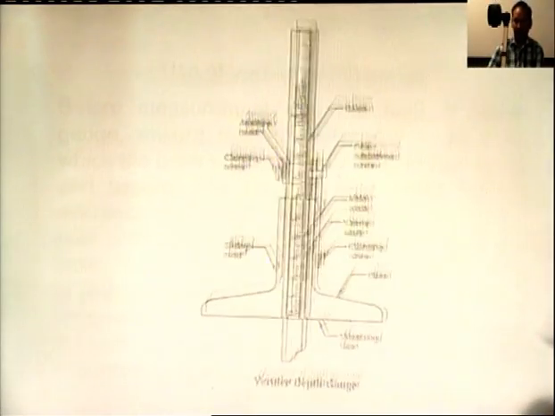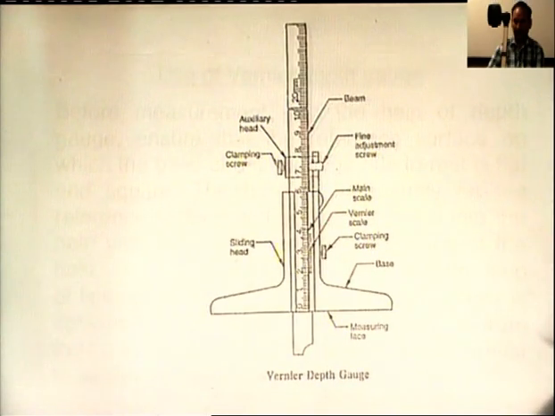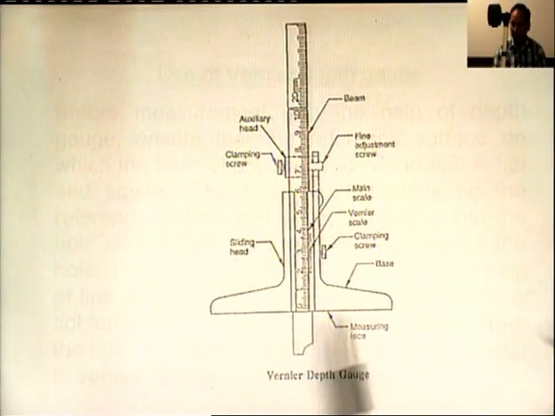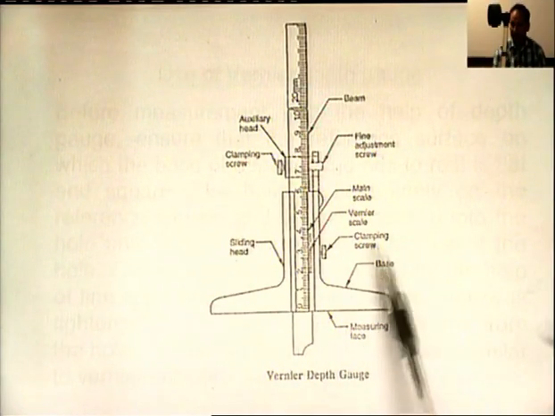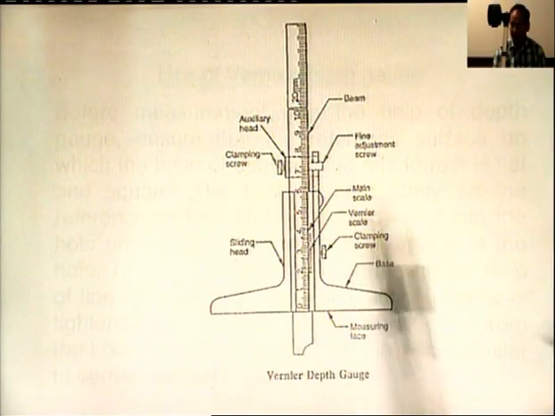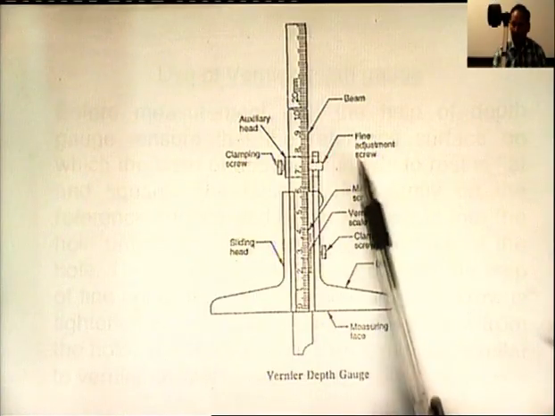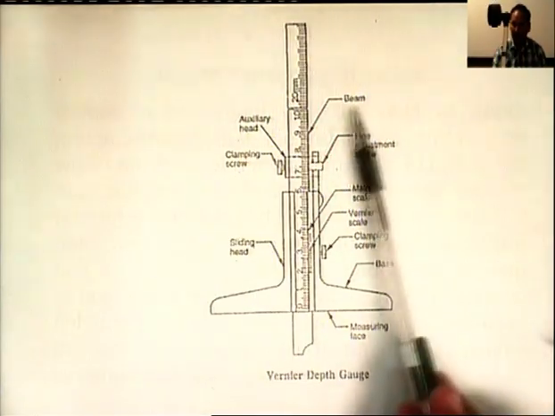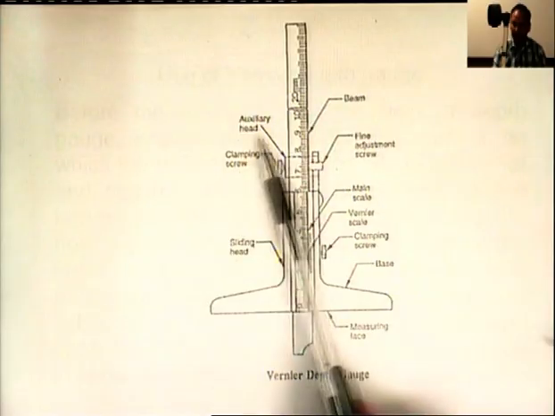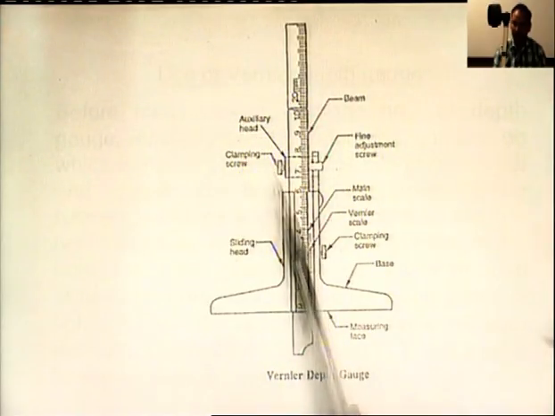So, if we see the diagram of this vernier depth gauge, this is the measuring face. The main parts are this base, clamping screw, vernier scale, main scale, fine adjustment screw, and the beam of this scale. This is the auxiliary head, clamping screw, and the sliding head.